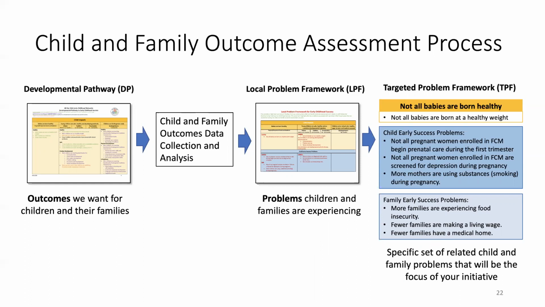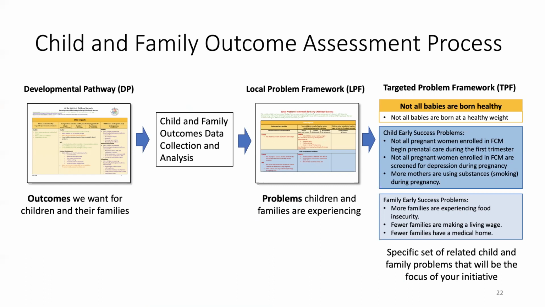While the developmental pathway focuses on outcomes, what we want for all children and families, the local problem framework is just a snapshot of the problems that we uncovered through our child and family outcome assessment process. So it's only the problems. From that local problem framework, we'll sit down with our partners and other community stakeholders to determine which of these problems will become part of our targeted problem framework.